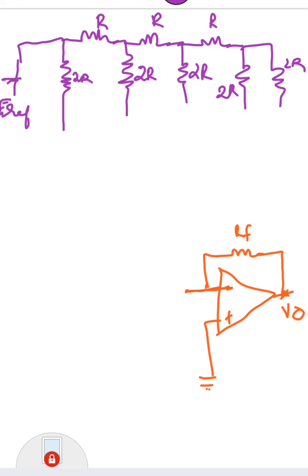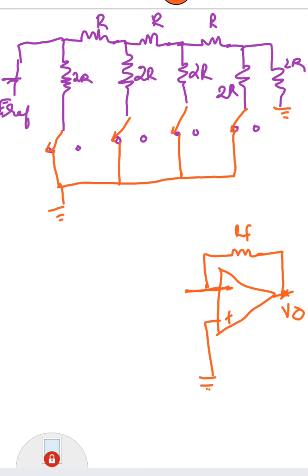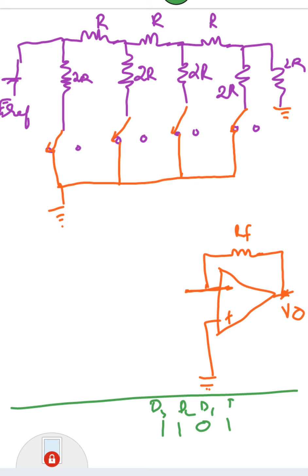Now assume that there is a switch. I'll draw the connections for the switch. Initially it is connected to this terminal, which is grounded, and all these things are taken together. Suppose that you want to convert the number 1101, so this will be D3, this is D2, D1 and D0.